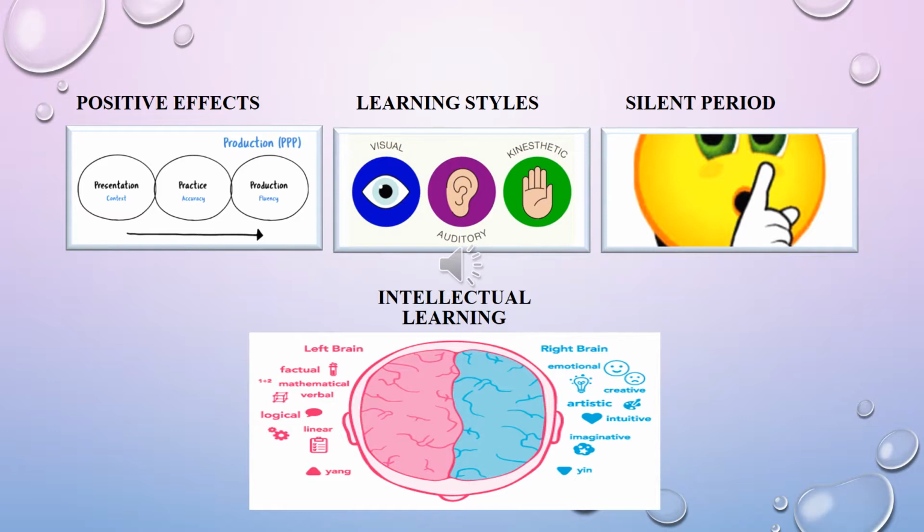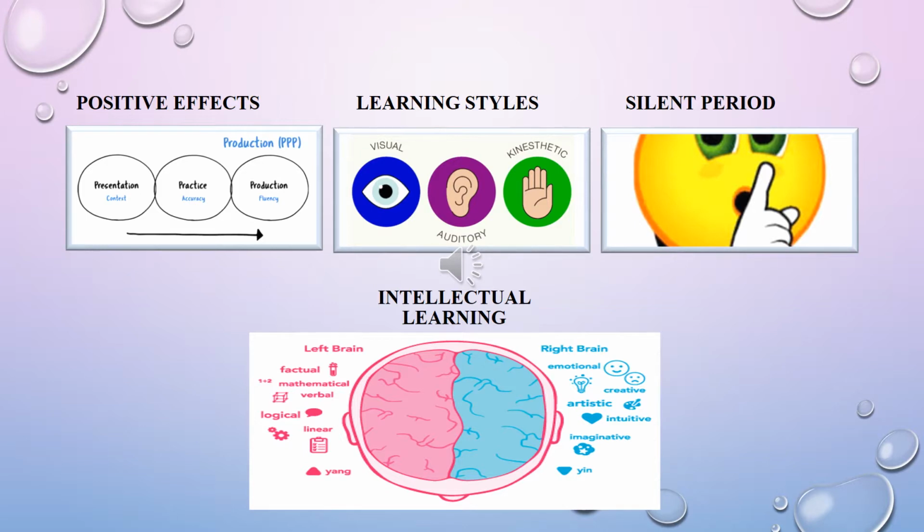On the other side, the materials have to give positive effects, since the effects of instruction are usually delayed in the students. For example, the material has to work in a PPP, that is presentation, practice and production.